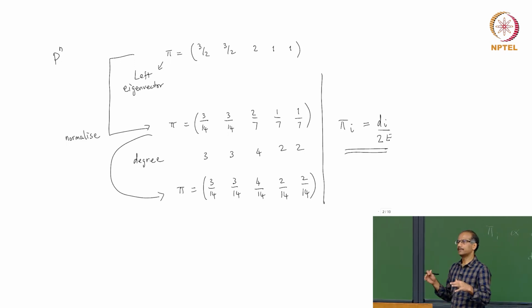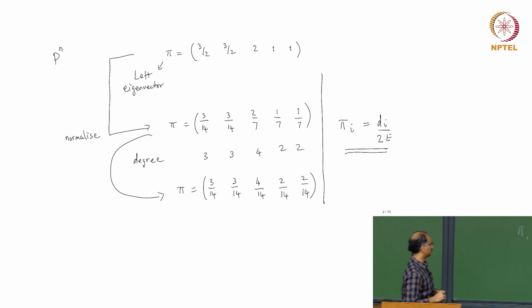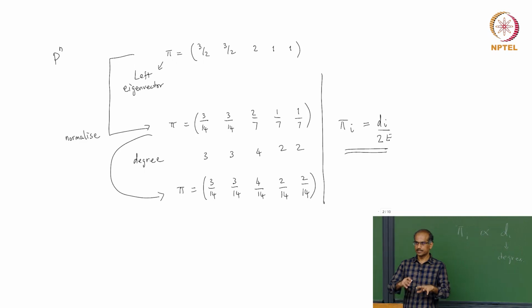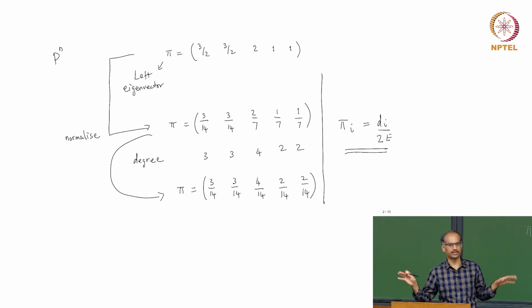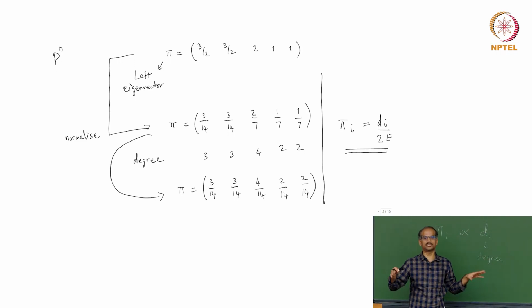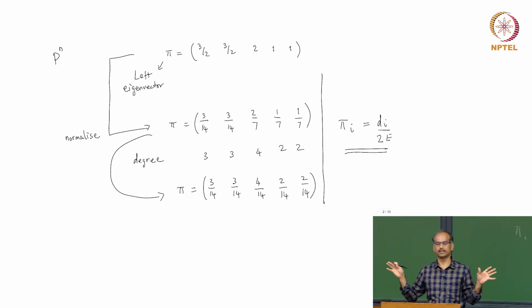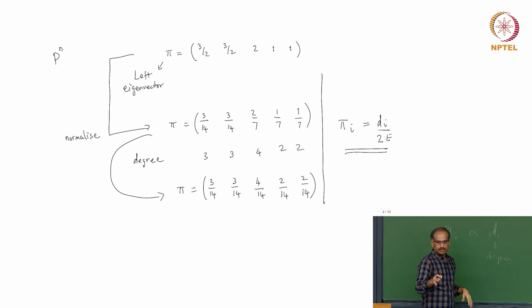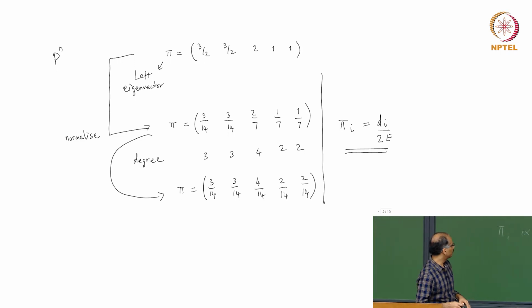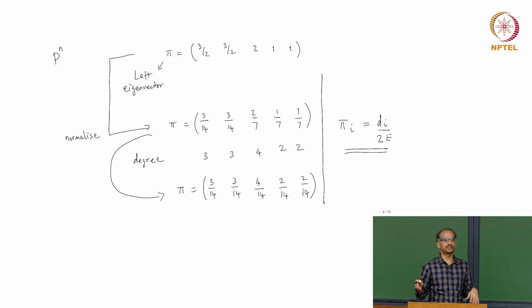And another important point which we've been emphasizing since yesterday is that this only depends on the degree of the ith node, doesn't depend on the past history of any of the random walkers, and doesn't even depend on the rest of the connectivity structure in the entire graph. Okay. Even if you derive it fully, you wouldn't have to take any information about the connectivity structure of the larger graph.